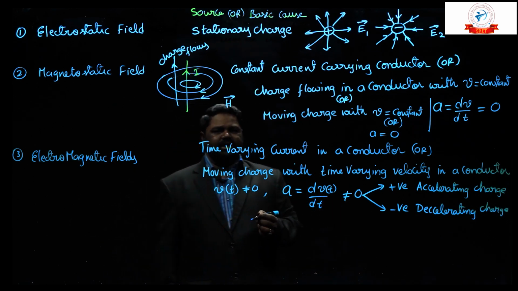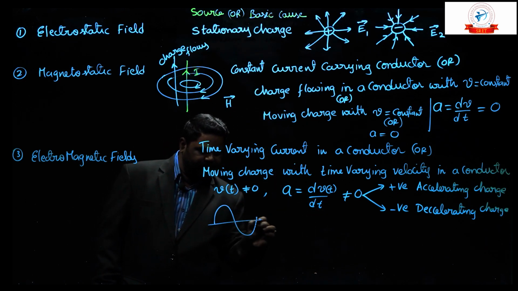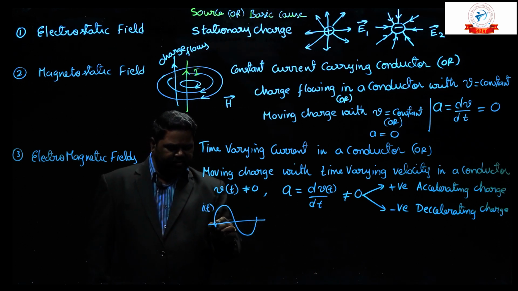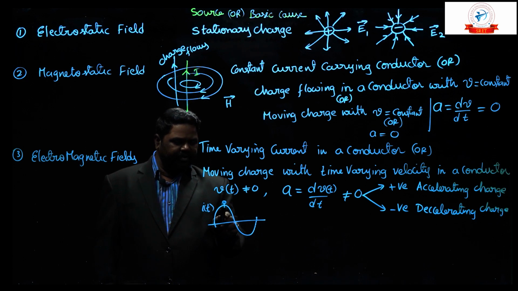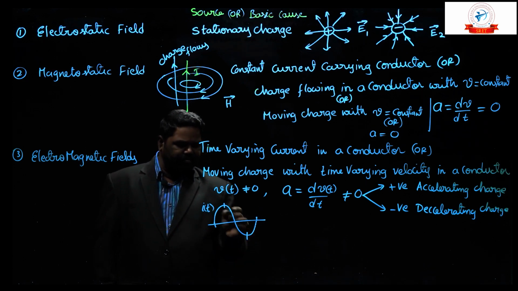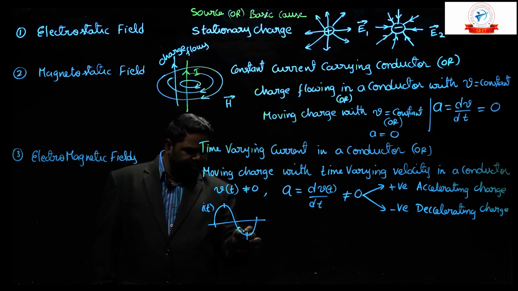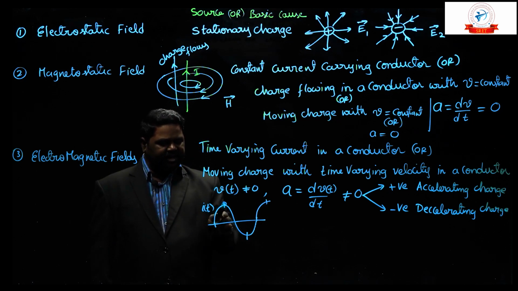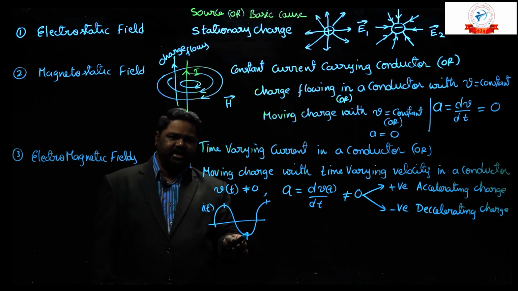Sometimes whenever the current is a sinusoidal current like this, the current increasing from 0 to maximum results when the charge is accelerating. The current value will decrease from maximum peak to minimum peak when the charge is decelerating. Again, from minimum peak to maximum peak the charge is accelerating. So when the charge is accelerating, we get increasing current, and when the charge is decelerating, we get decreasing current.